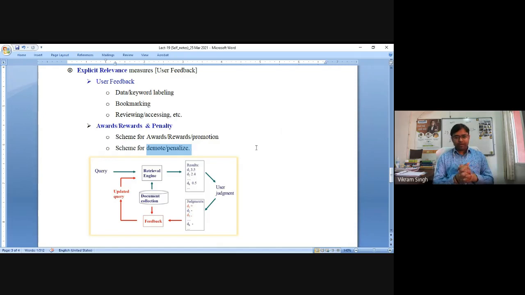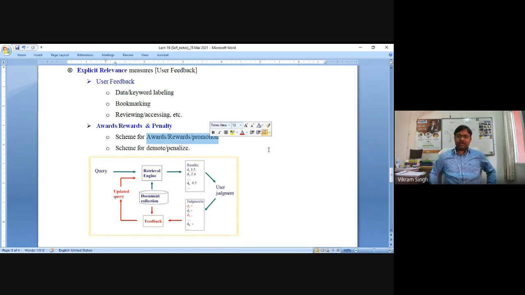Because demotion is considered a negative aspect of systems, people do not include this strategy in their relevance estimation steps, right? So typically you must have at least an award mechanism. Whenever we observe that the user has interacted with the system, you need to increase their relevance score, right?